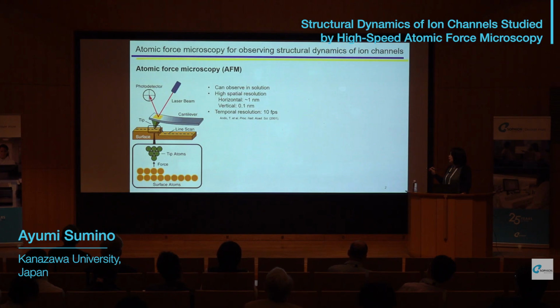The AFM gives a high spatial resolution, which actually strongly depends on the sample situation. But in the best case for membrane protein imaging, the horizontal resolution is about 1 nanometer, and the vertical resolution is about 1 angstrom.